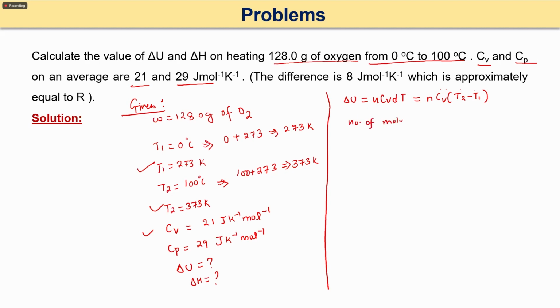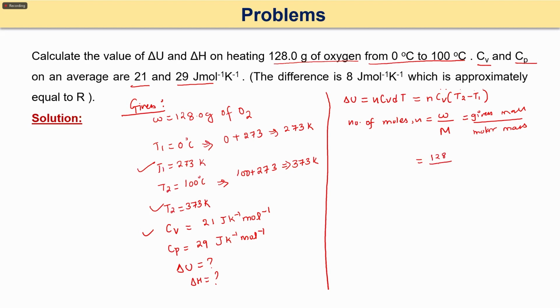We know that the number of moles n is equal to given mass divided by molar mass. We have been given 128 gram of oxygen.